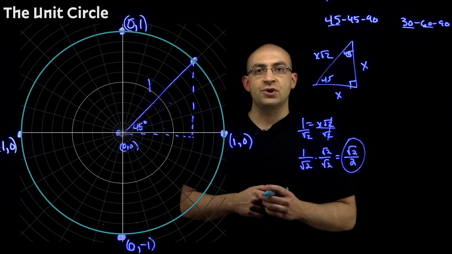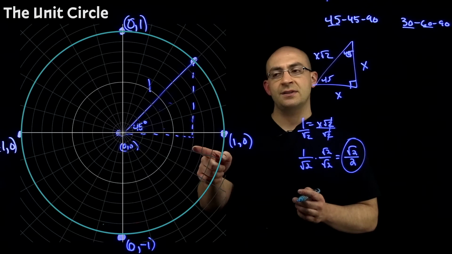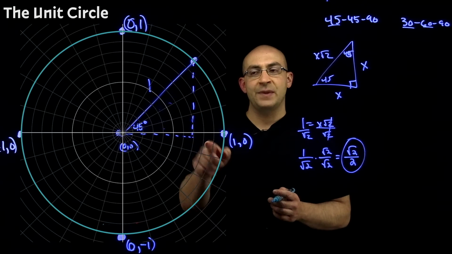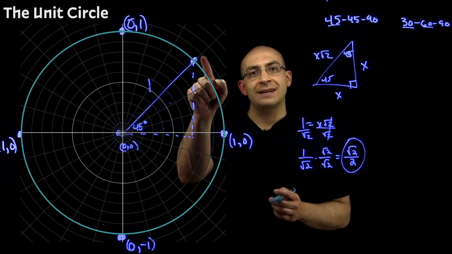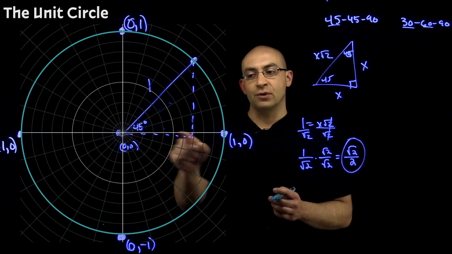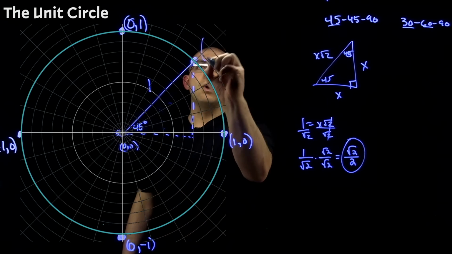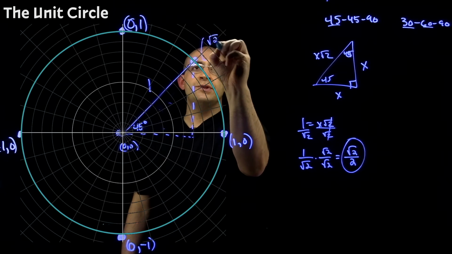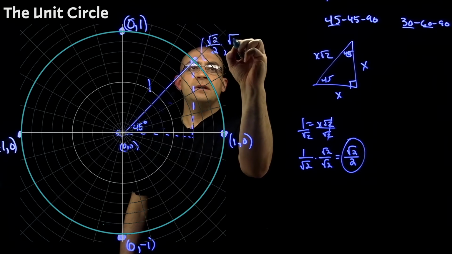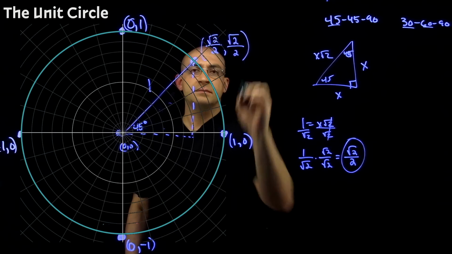Well, root 2 over 2 is this distance, and it's that distance, meaning that is the coordinate pair that this point lies on, right? Root 2 over 2 to get to this point, and root 2 over 2 up. Our coordinate is root 2 over 2, comma, root 2 over 2.